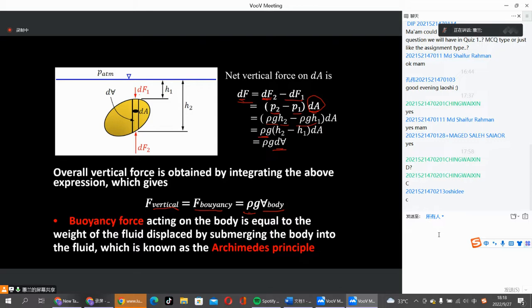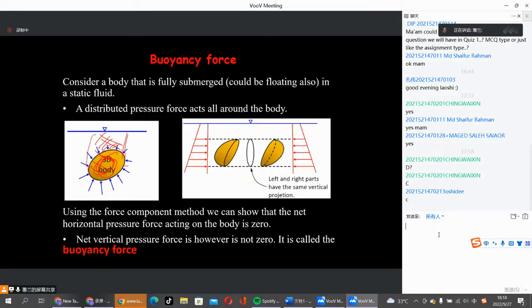Okay, this is buoyancy force. You can calculate the buoyancy force using a different approach. Anyhow, I think you should already know this from middle school, but you can do it another way by yourself.